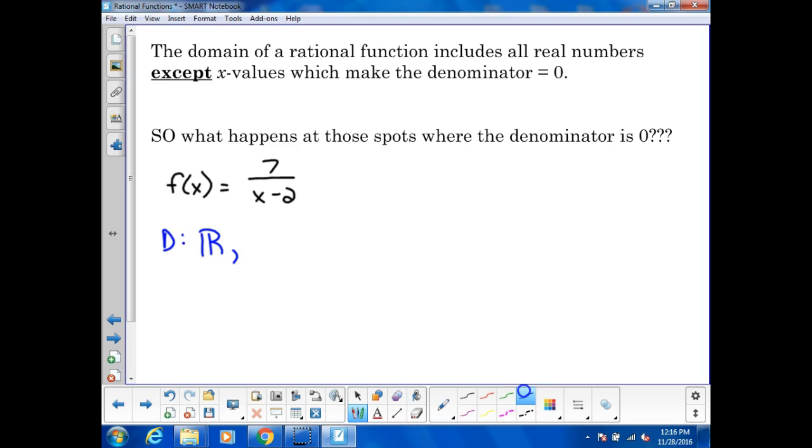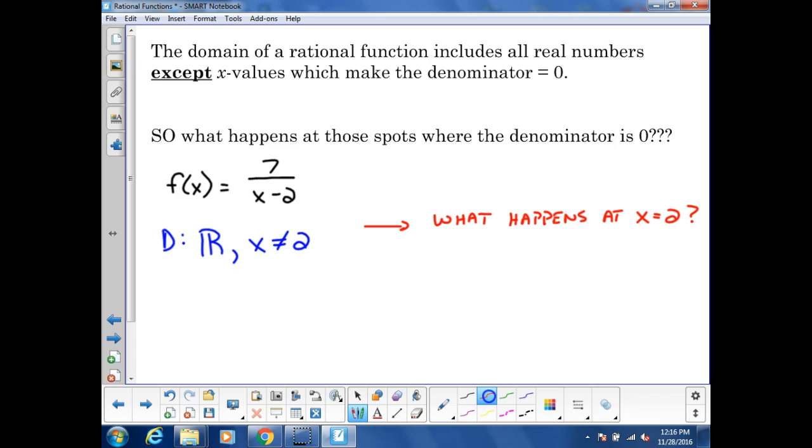X cannot equal 2. So my question is, what happens at x equals 2? Because I can't put 2 into my function.